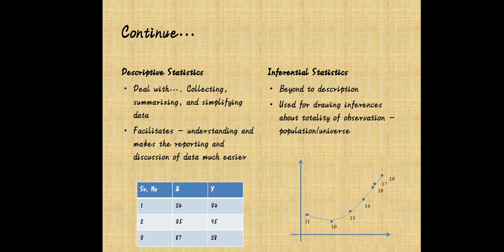So inferential statistics is beyond description. It is used for drawing inferences about the totality of observation. Totality of observation means the whole population or the universe, like the number of the population or the pattern of behavior of the population, such things will be studied with the help of inferential statistics.